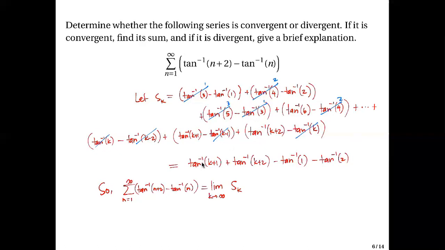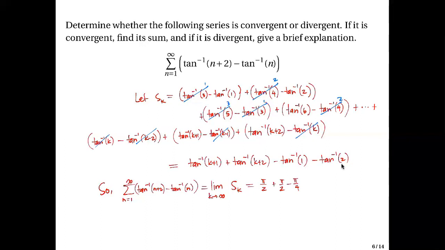And then this guy, what's the limit? Remember the graph of your tangent inverse. So this guy here will go to pi over 2, plus this guy here will go to pi over 2 also. Tangent inverse of 1, that's pi over 4, so you have minus pi over 4.